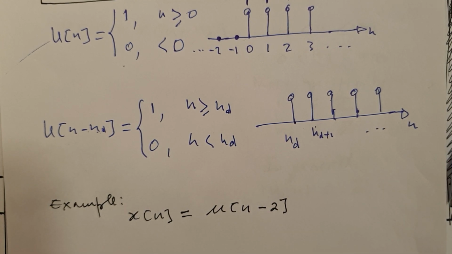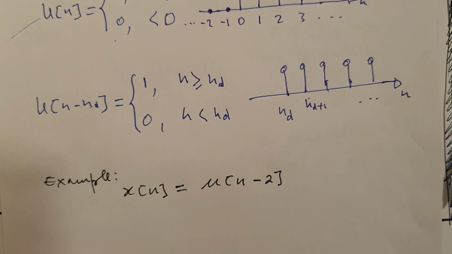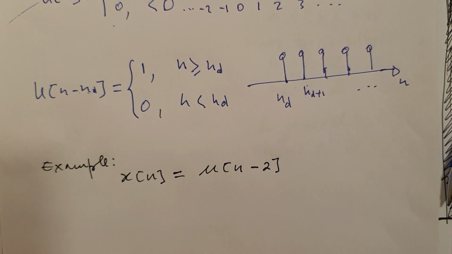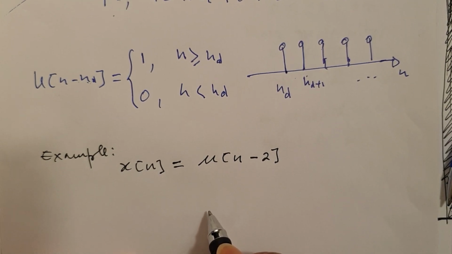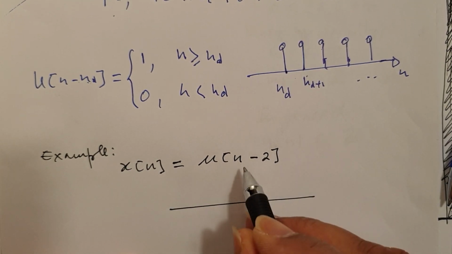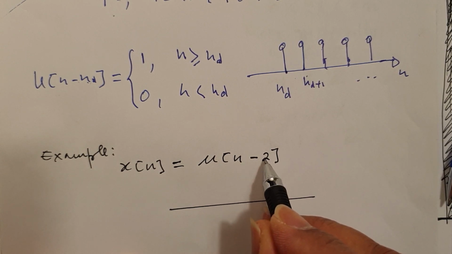Okay, so this is then a sequence that is starting at n equals nd, and in this case is 2.